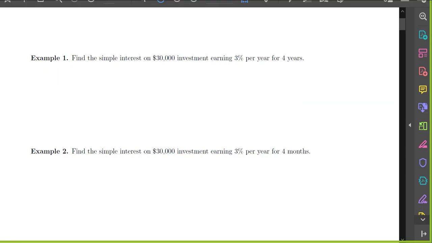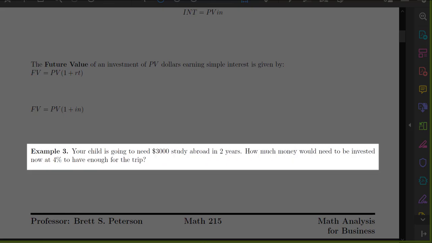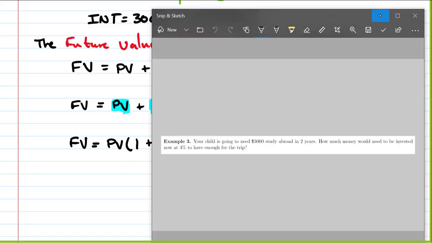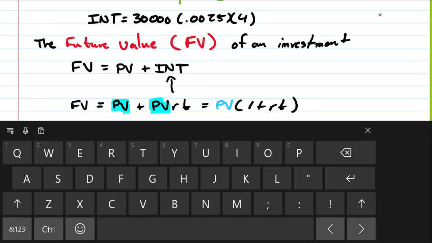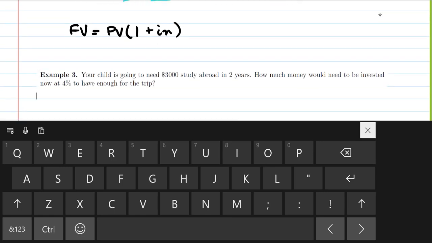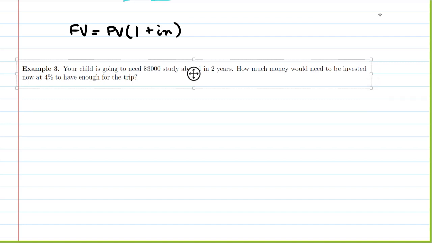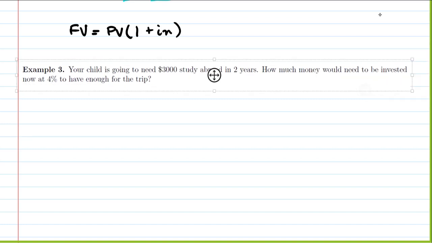All right, let's go ahead and take a look at our next example, which is example number 3. Your child is going to need $3,000 to study abroad in 2 years. How much would need to be invested at 4% now to have enough money for the trip?